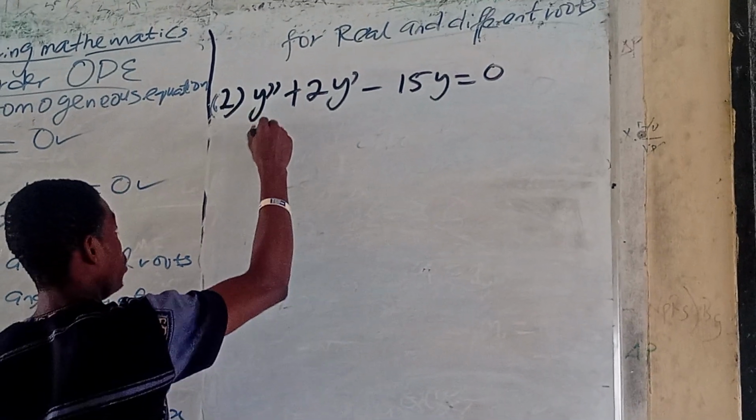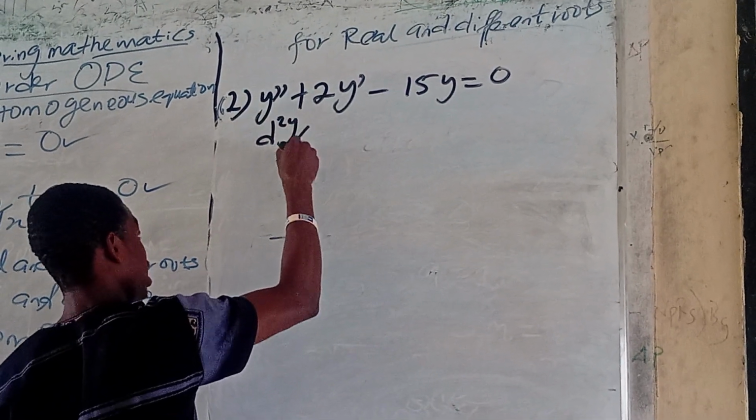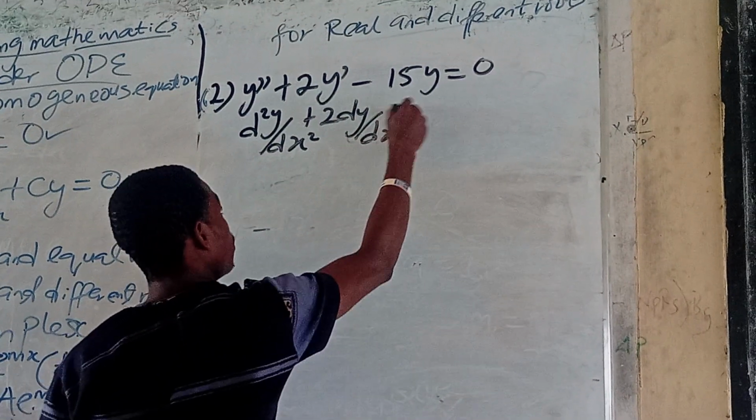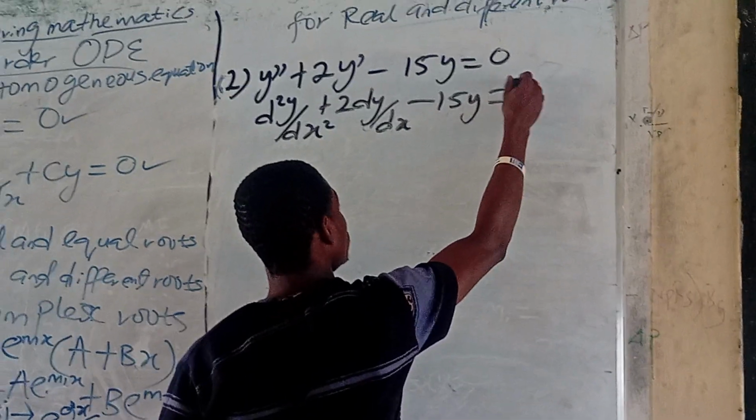So change it to the normal form. The d²y over dx² plus 2 dy over dx minus 15y equals what? 0.